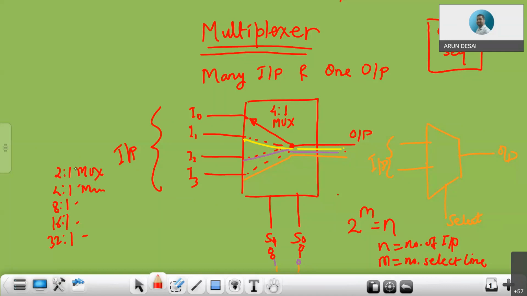You can convert those from any type to any type in multiplexers as well.